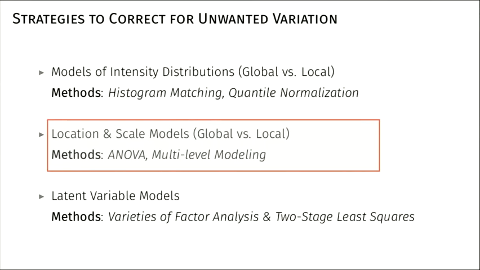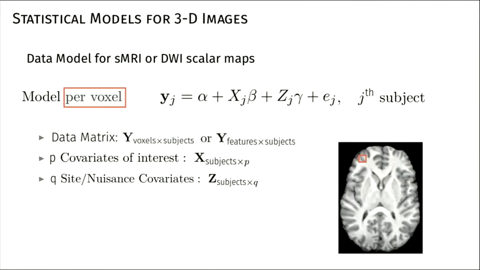So the first one I'll be discussing are these ANOVA location-scale type methods. Roughly speaking, you model each observed intensity at a particular voxel as a function of P covariates of interest. So this could be something like age, for example, as well as your matrix Z, which is your nuisance covariate.